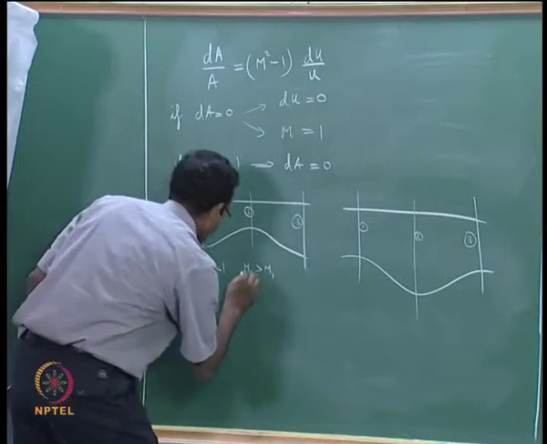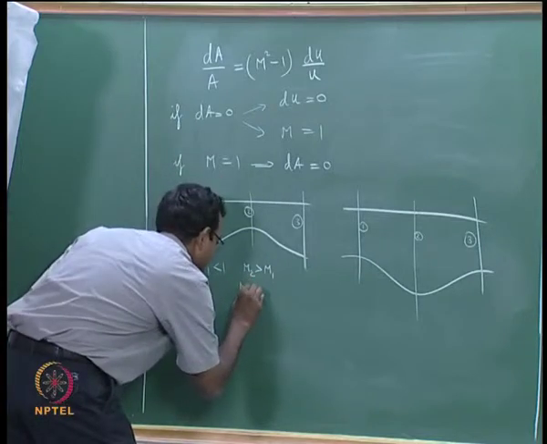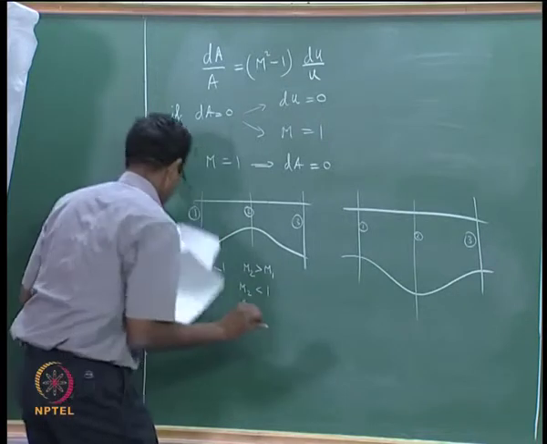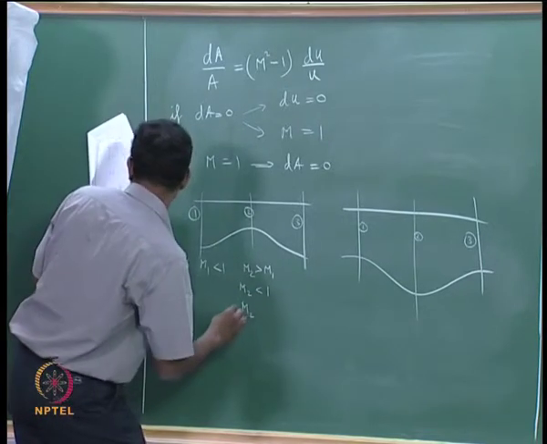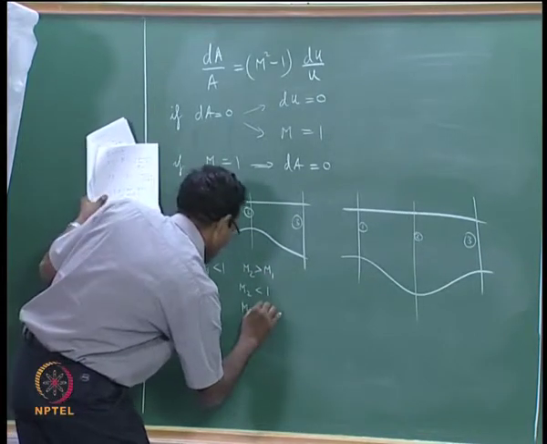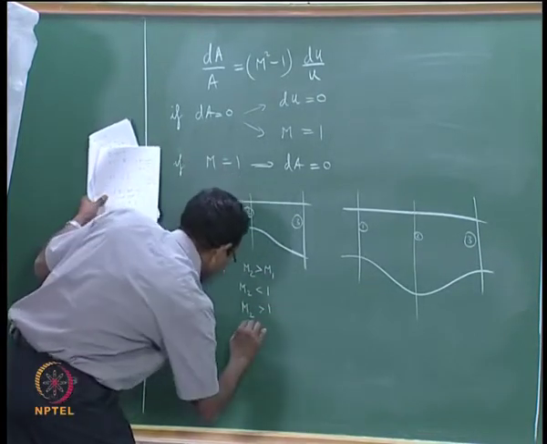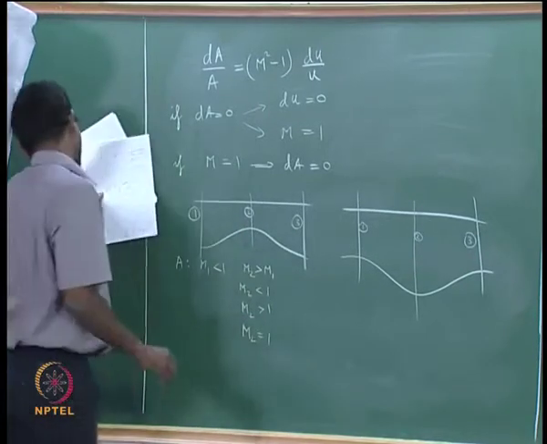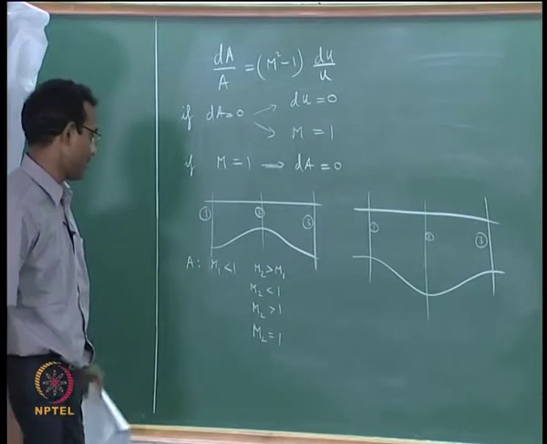Okay. I could have two cases. So, I will say M2 less than 1, and I can also have a case where M2 greater than 1, I can have a case M2 equal to 1, I can have different cases like this. Okay.